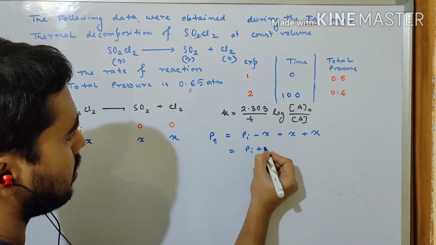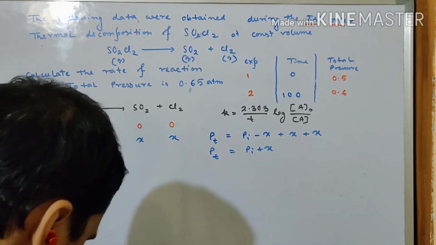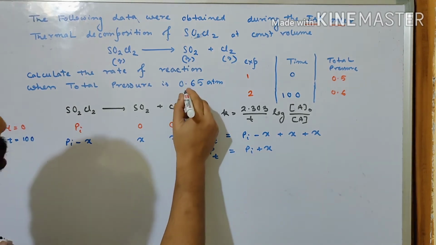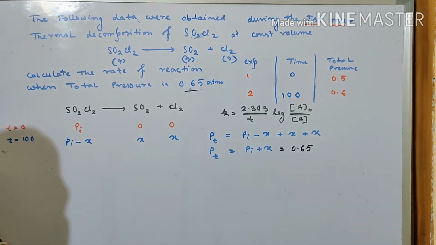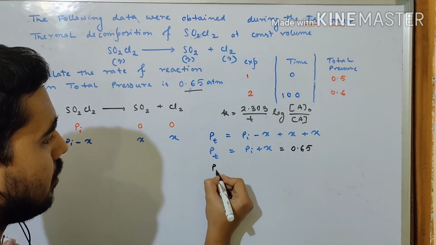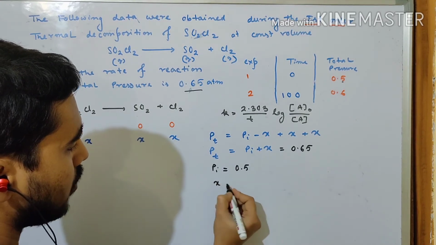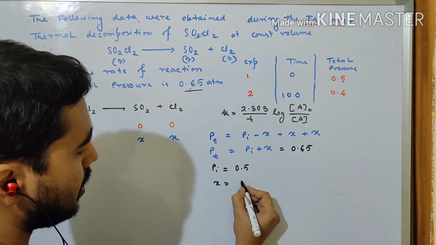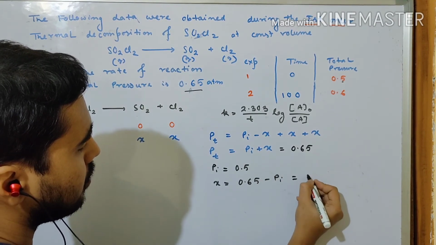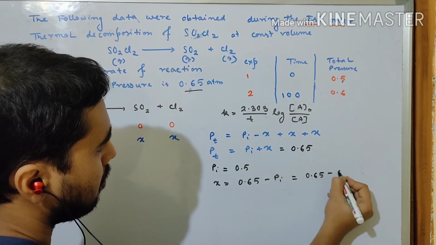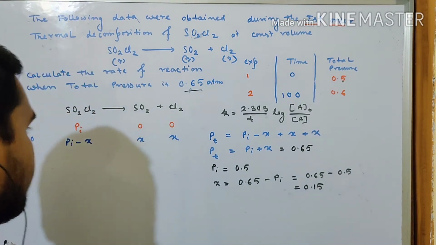So it is Pi plus x. Now, as per the question, this total pressure is 0.65, and it is also given that the value of Pi is 0.5. So x is definitely 0.65 minus Pi, which is 0.65 minus 0.5, which is 0.15.